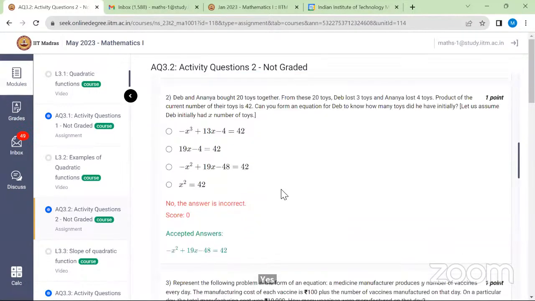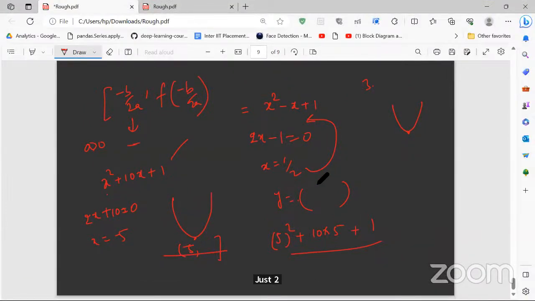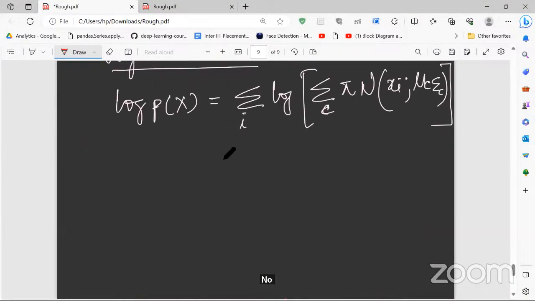In question two, there are two people, Dev and Ananya, and they bought 20 toys together. Let's say Ananya has x toys, then the other has 20 minus x. Then they lost 4 and 3 respectively. So (x minus 4) into (20 minus x minus 3), the product of those two, equals 42.